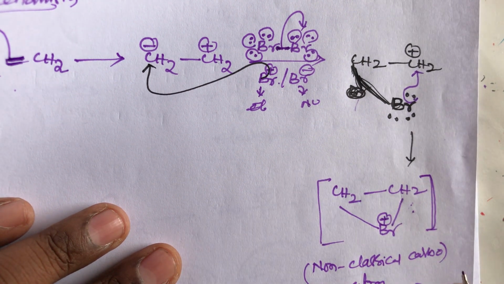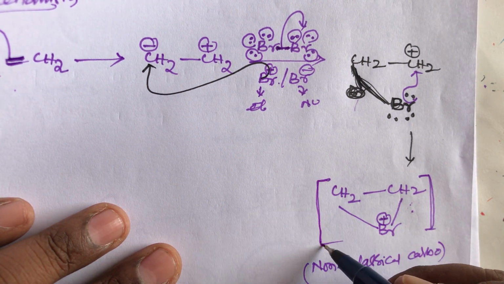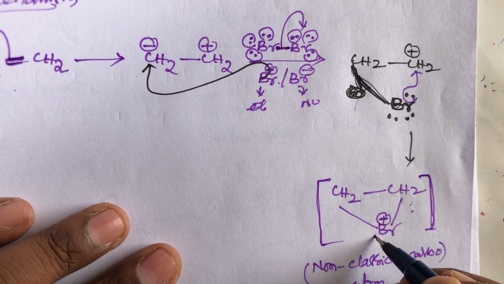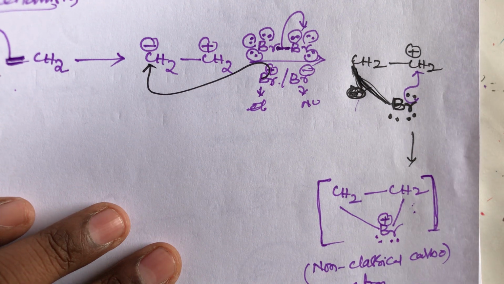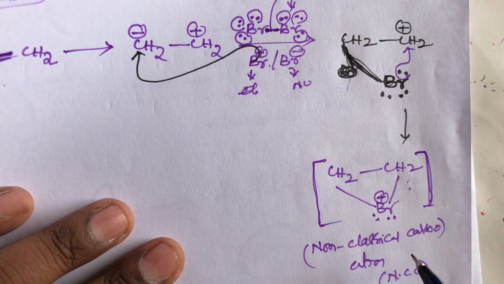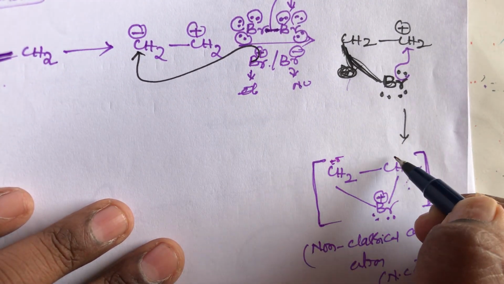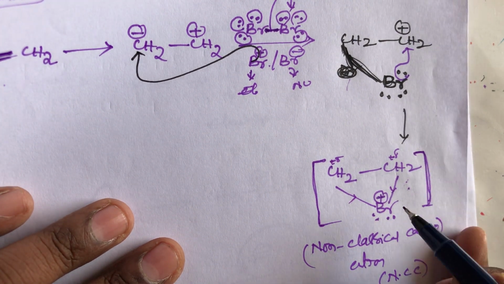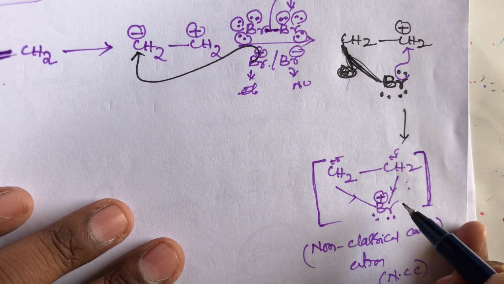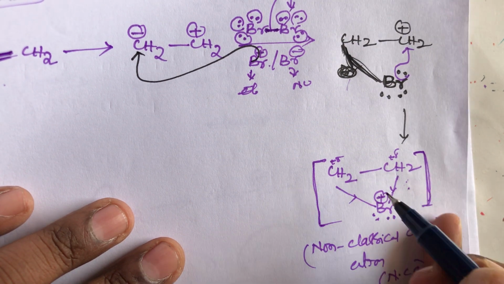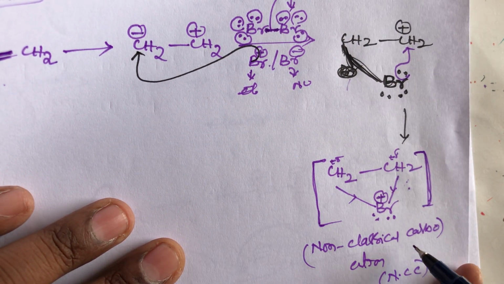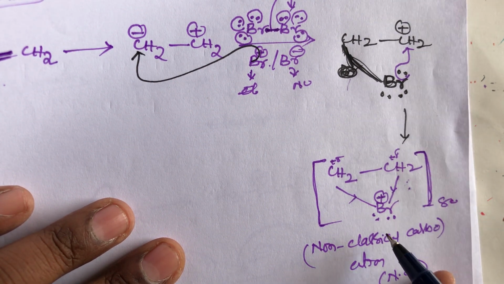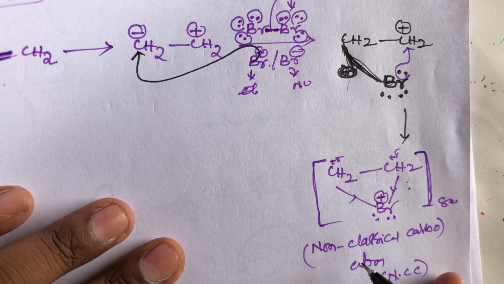In this cyclic bromonium ion, all atoms have an octet configuration. The Br also has 2 remaining lone pairs. The two carbons are each partially positive. Because the bromine is octet and both CH2 groups are octet, this non-classical carbocation is completely octet, and that is why it is the more stable compound.